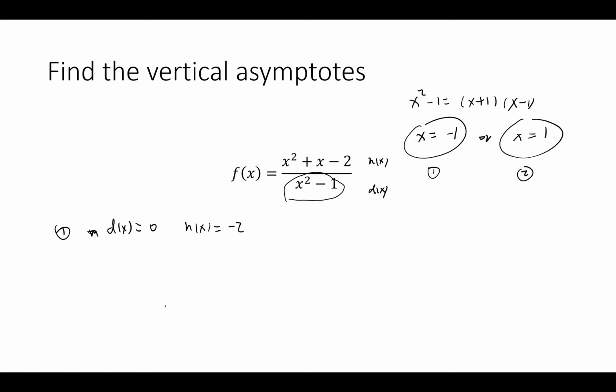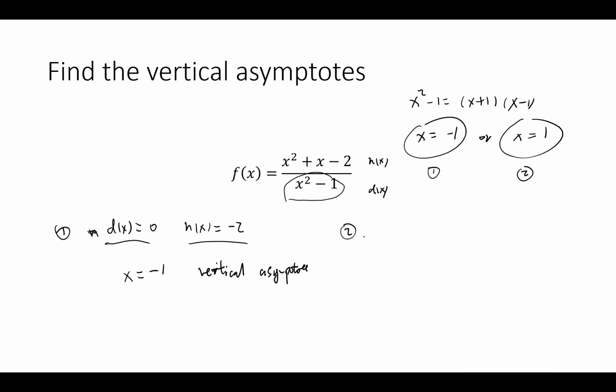This matches our previous theorem: the denominator function is 0 and the numerator function is not 0, so the vertical asymptote is at x equals -1. So this is where we have a vertical asymptote.